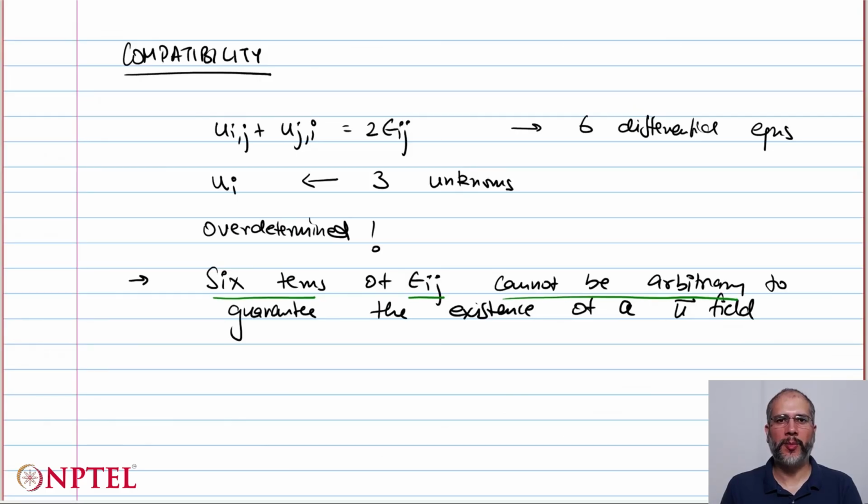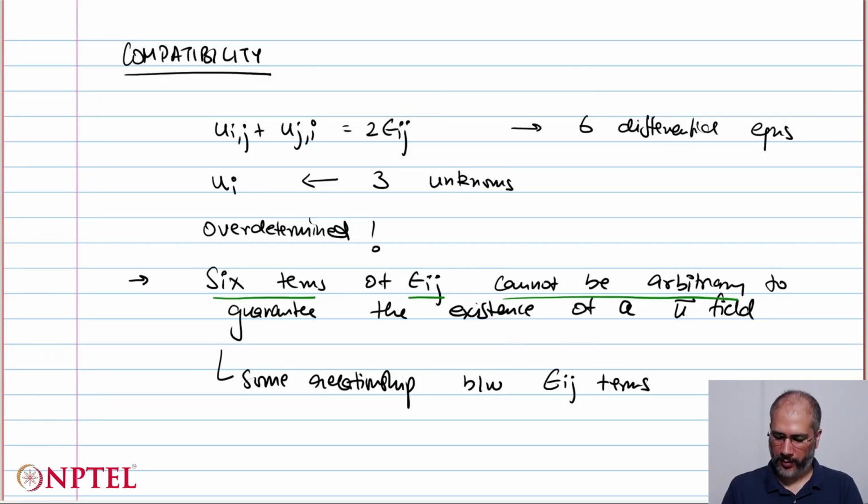So there has to be some relationship between the terms in the strain tensor. So compatibility, or the equations of compatibility, are nothing but this relationship between the terms of the strain tensor.